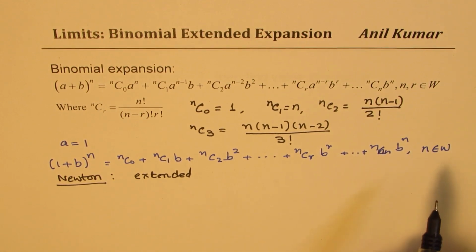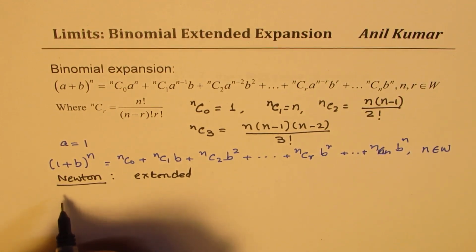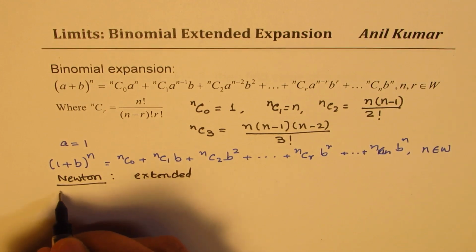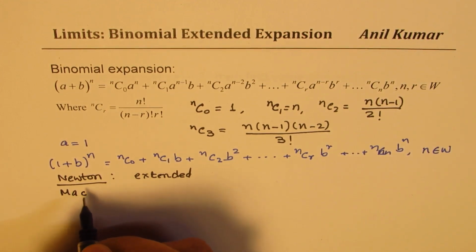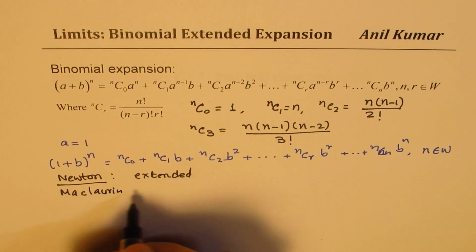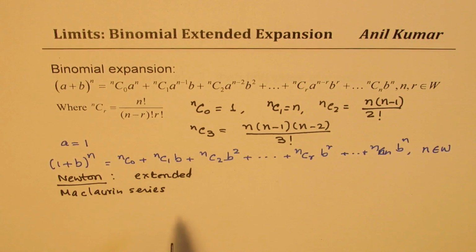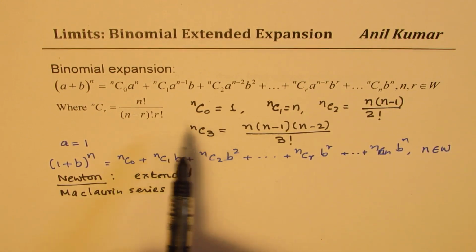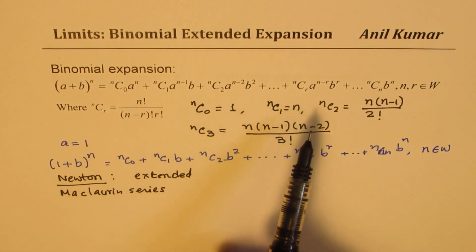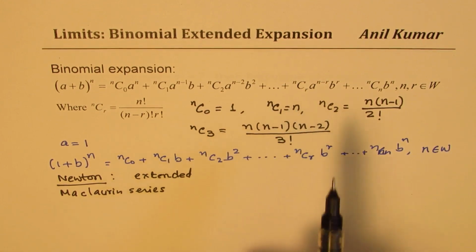So that's what he did, and he took help of the Maclaurin series, right? So that was the addition to this, and then utilize this series so that we could actually use the same expansion with rational exponents. That's the whole idea, right?